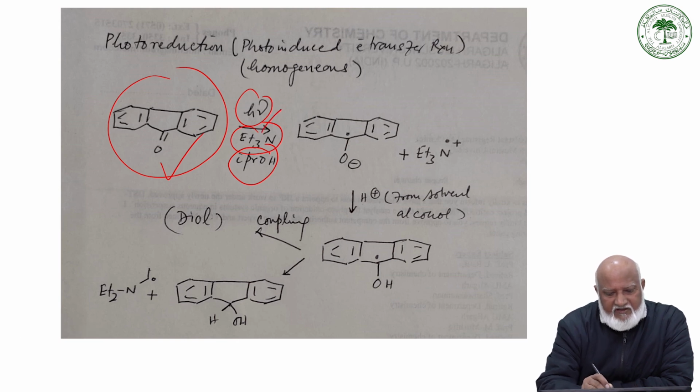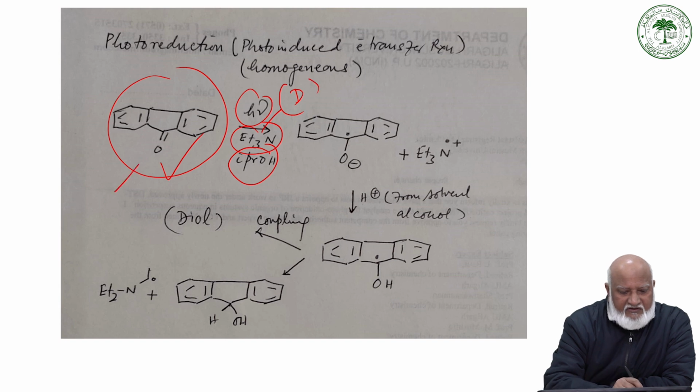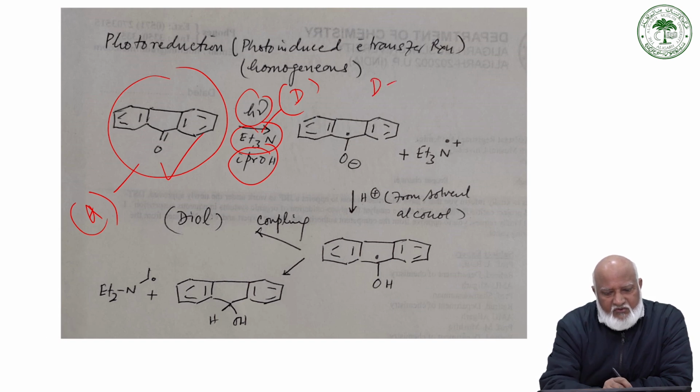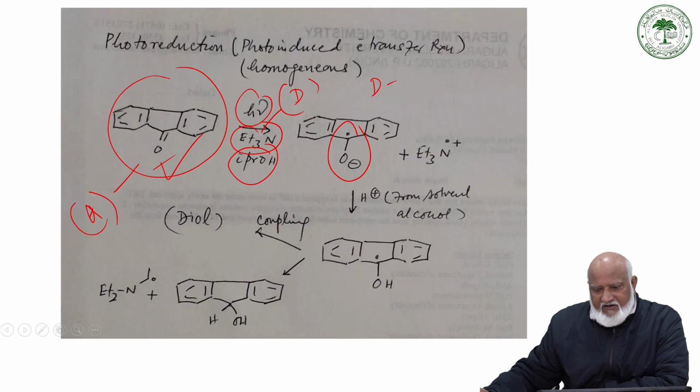So triethylamine acts as a donor and the carbonyl compound acts as an acceptor. It is like a donor-acceptor photoreaction. Triethylamine donates an electron to the carbonyl compound to give this radical anion, and triethylamine becomes a radical cation.